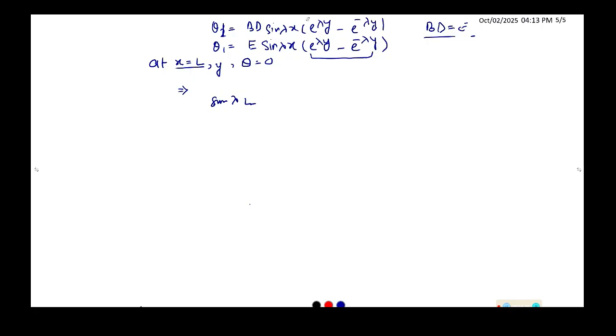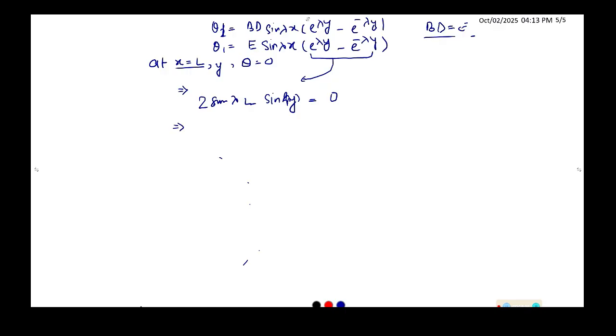It will become 2 sine hyperbolic of lambda y, so this will be written as 2 e sine of lambda L sine hyperbolic of lambda y, which equals 0.